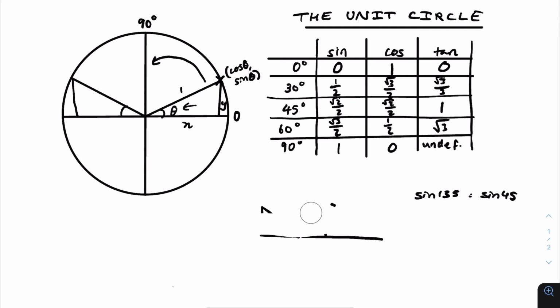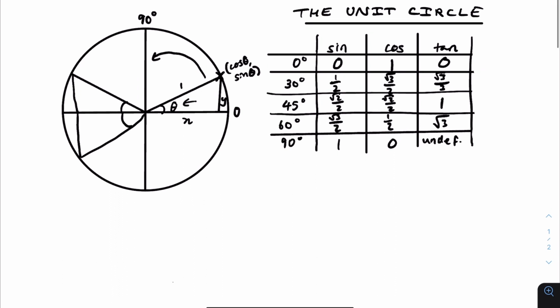And cosine of 135 is the negative version of cosine of 45, etc. Now the same can be said true if it's reflected in the x-axis. So we have over here that 180 plus whatever this critical angle is, because essentially this over here is 180 degrees, is the same for tangent and negative for the others.